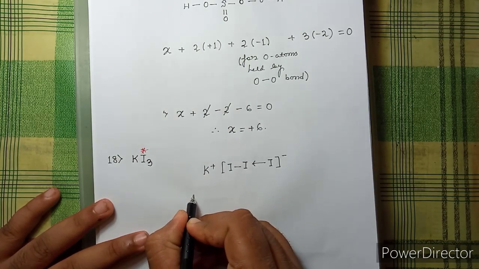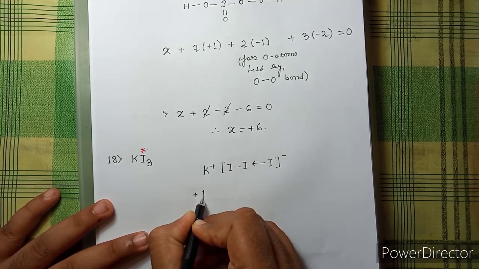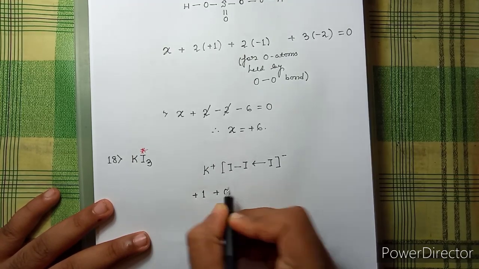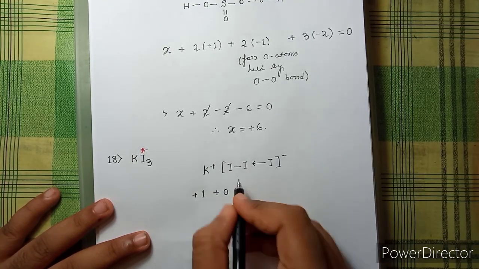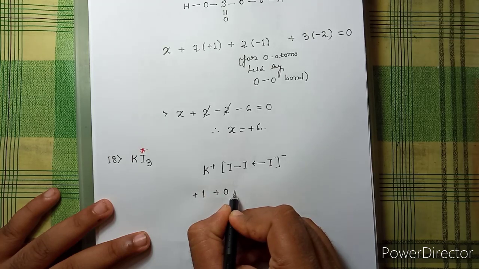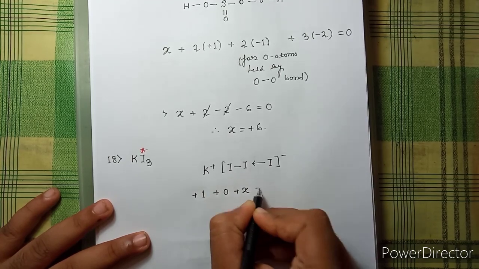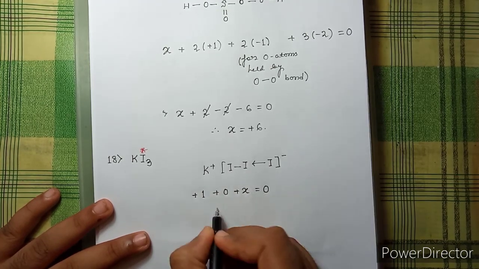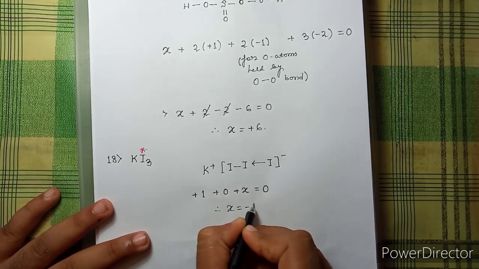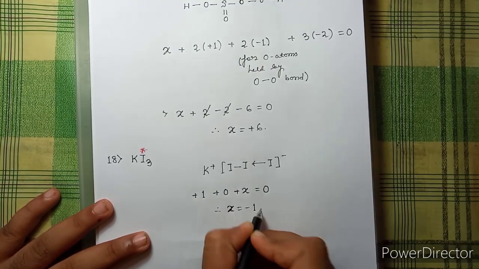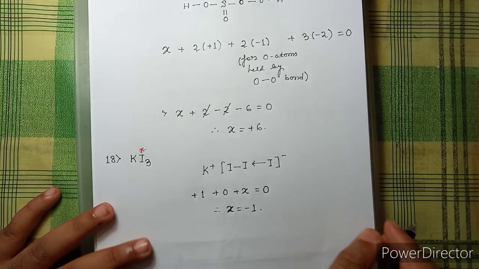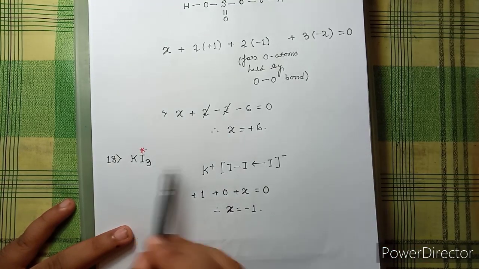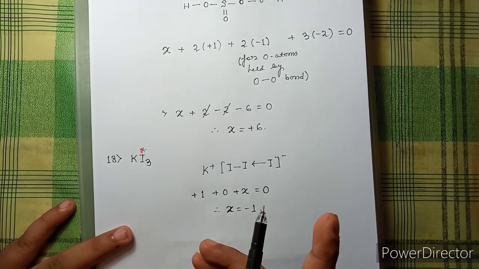That is plus 1, plus 0 for this iodine molecule, and plus x, and the overall oxidation number is 0. Therefore, x equals minus 1. So, from this calculation, we get that here two types of iodine are present.